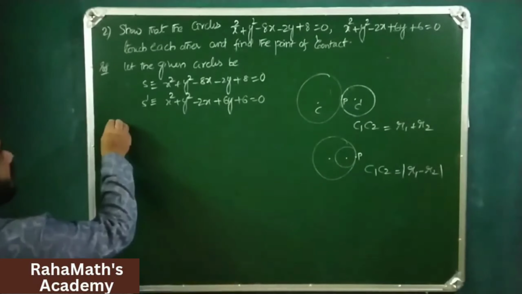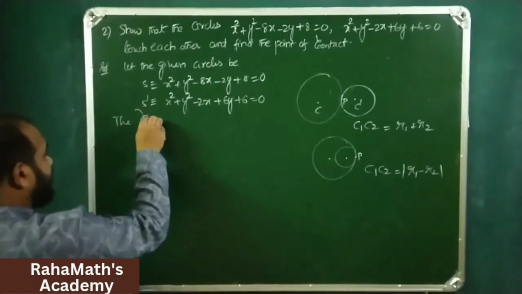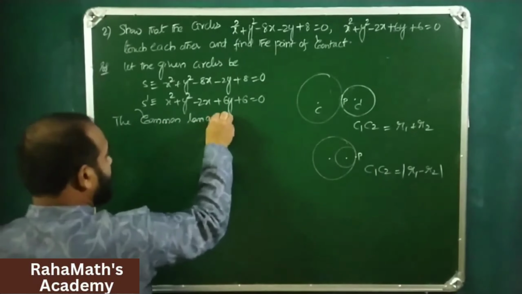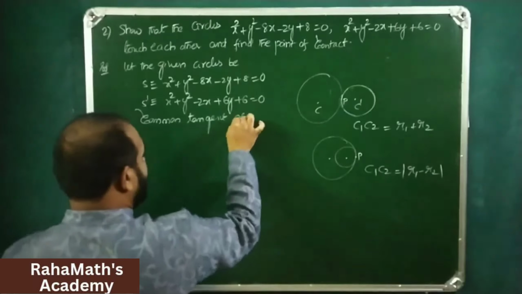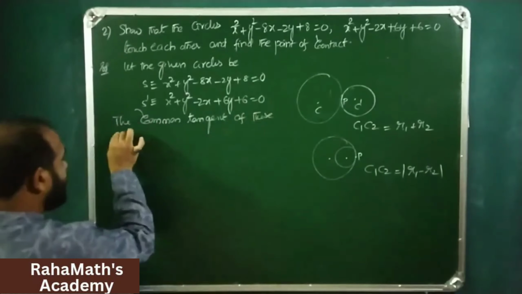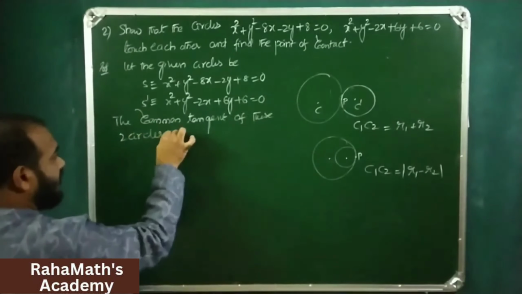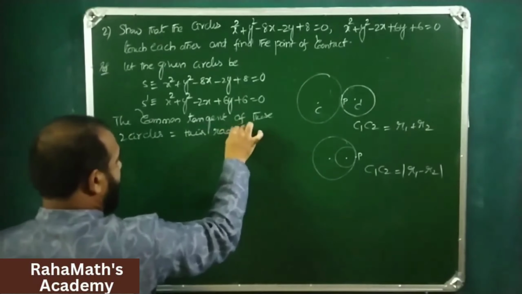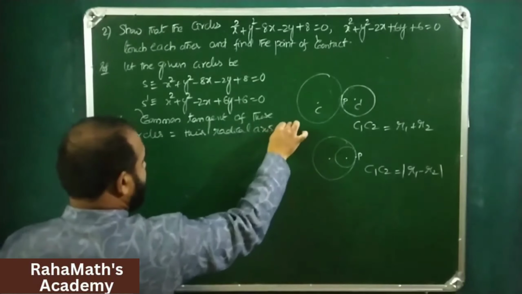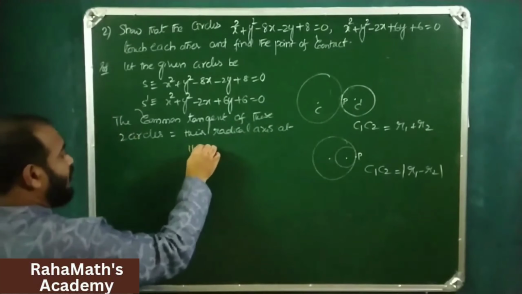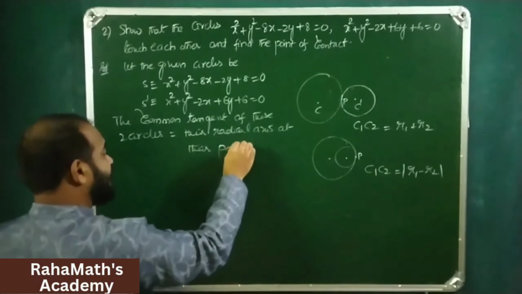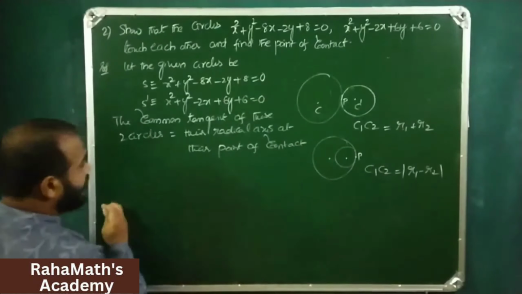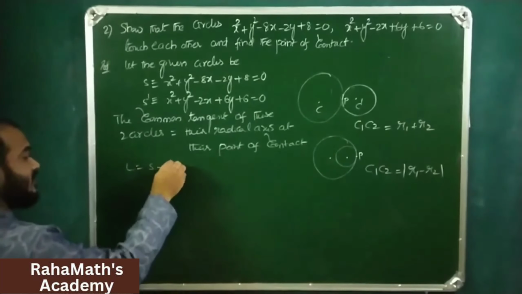Through this we will get the common tangent. So the common tangent of these two circles is equal to their radical axis at their point of contact. Therefore, L equals S minus S dash equals 0.